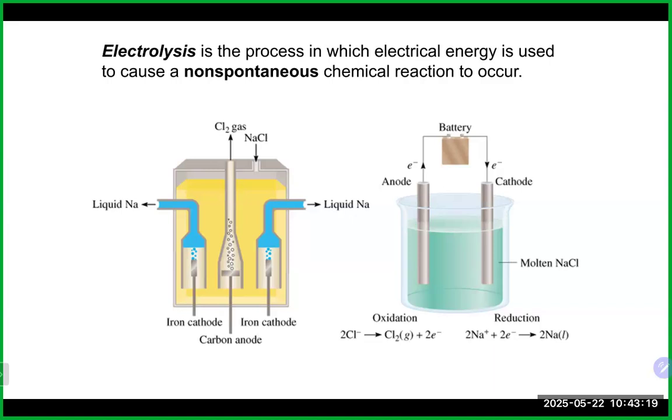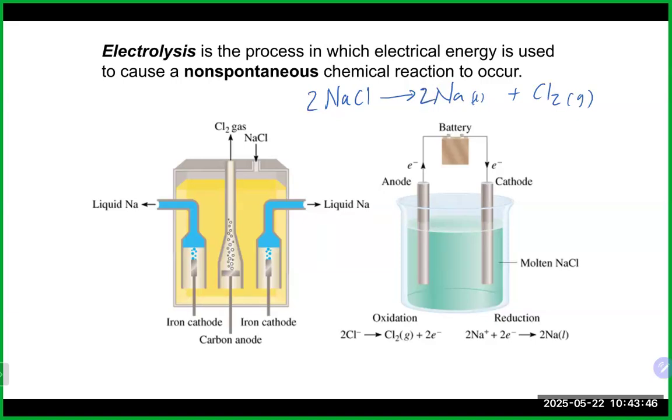So for example, if we took something like sodium chloride and we ran an electrical current through it, we can get sodium chloride to go back into its natural elements, if you will. We could get some liquid sodium coming out, and we could get some chlorine gas coming out as well. You basically break it apart into its elements, do a little balancing like a good chemistry class.